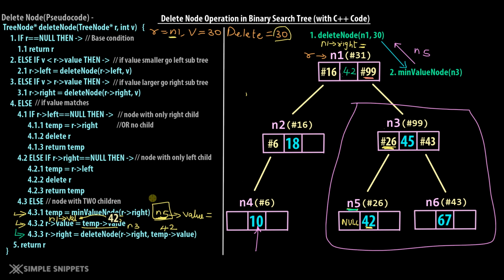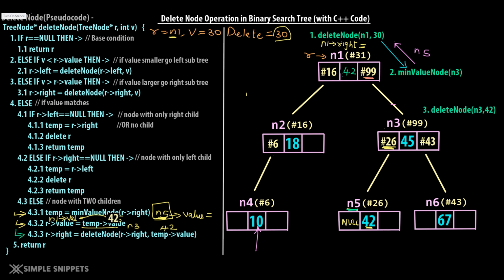Now we will call a delete node function, recursive function, from the first delete node, because even though we deleted the value 30 from the n1, we have duplicate copy over here in n5, which is 42. So 42 and 42 is now duplicated. So n5 has to be deleted now.